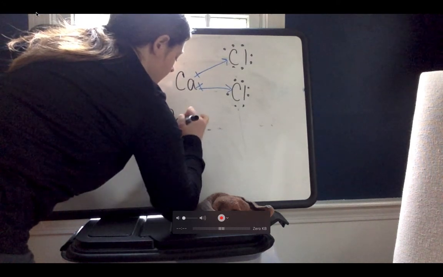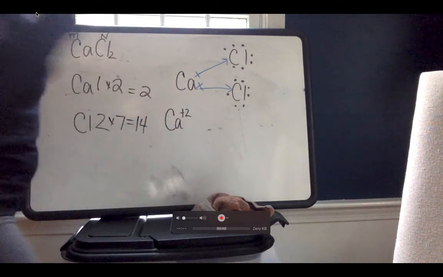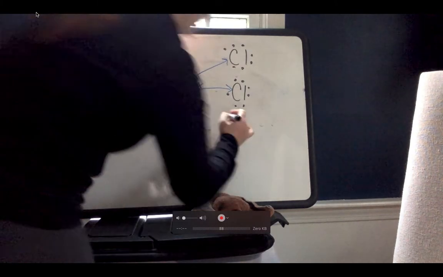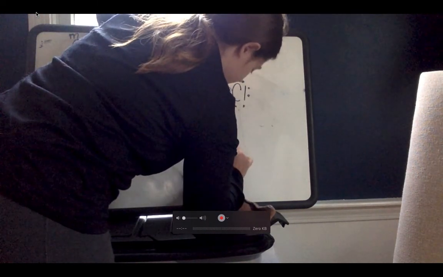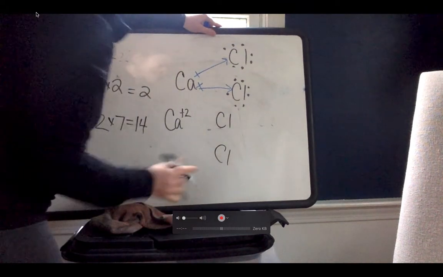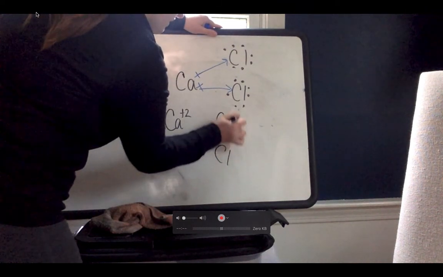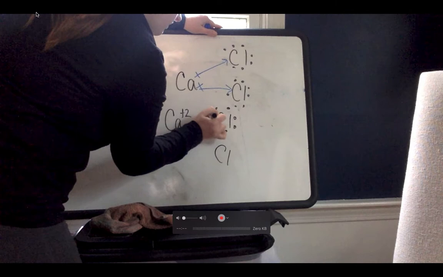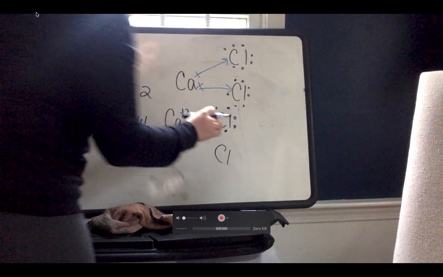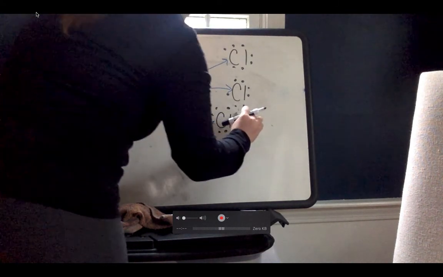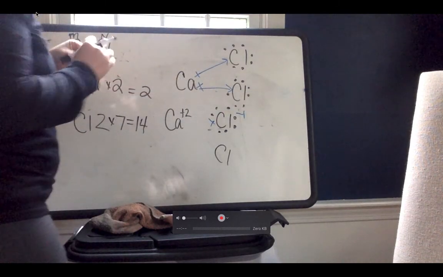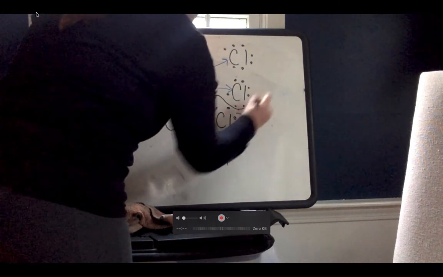We have Ca, that's a +2 because it lost 2 electrons. So now chlorine is going to still have its 7 from before. Still going to have its 7, but this time it gained 1. So this chlorine is going to be a -1 charge. And I can draw a little line to separate those.